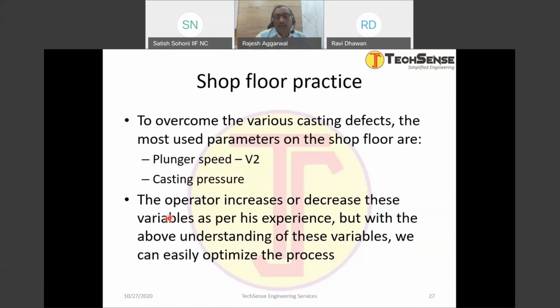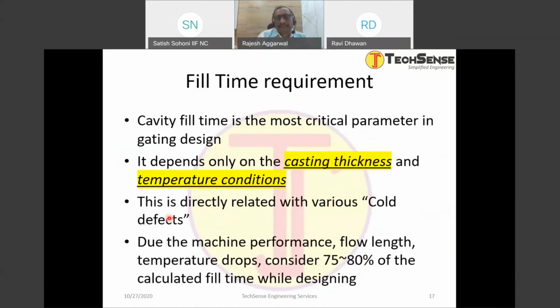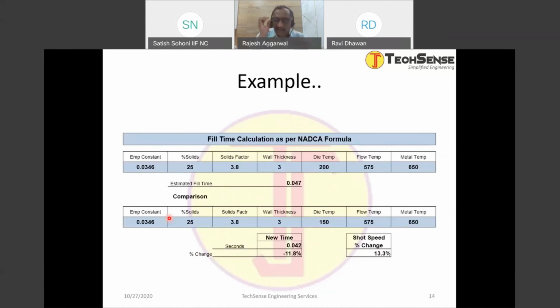Right? So if you try to correlate with the first slide, the initial slide, this slide I am talking about. With the increase in the plunger speed, what are we doing? We are basically reducing the fill time.